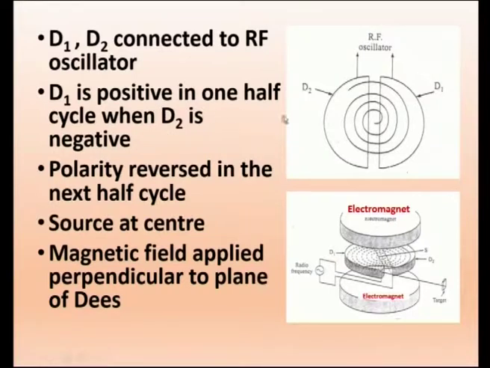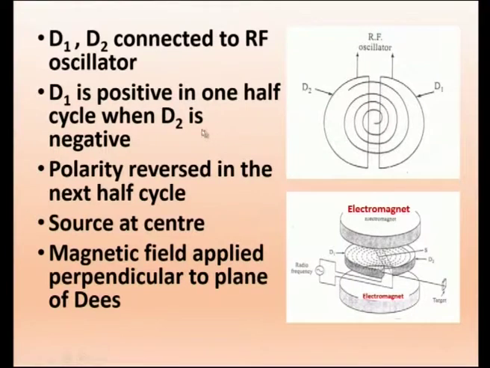For example, if D1 is positive in one half cycle, the cycle goes this way. This is called a half cycle. In one half cycle, if D1 is positive, D2 is negative. Polarity gets reversed in the next half cycle: this will become positive, that will be negative. So we are getting an alternating field.